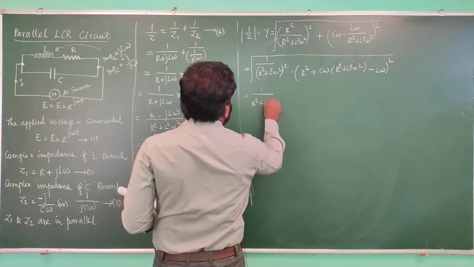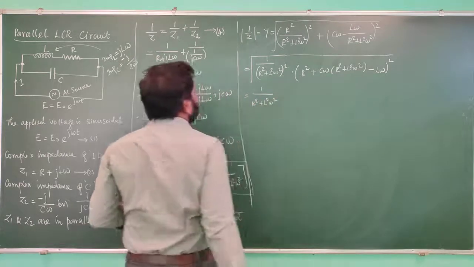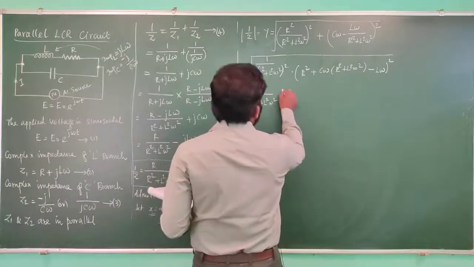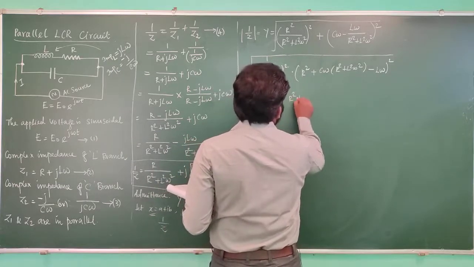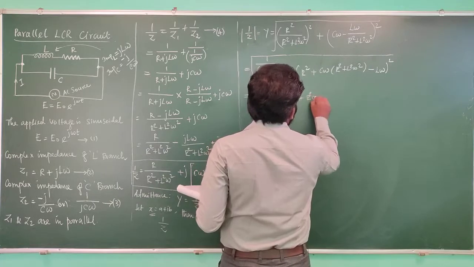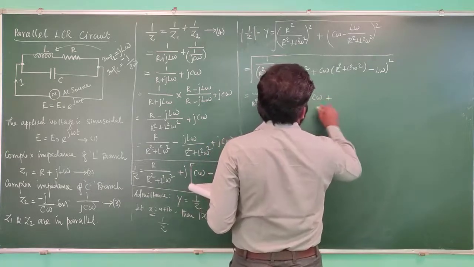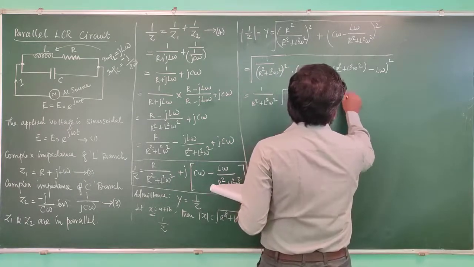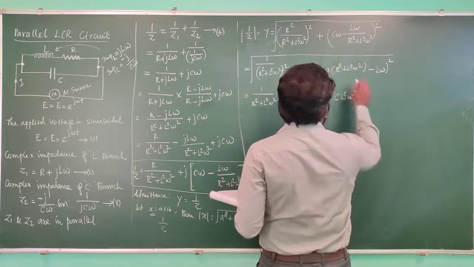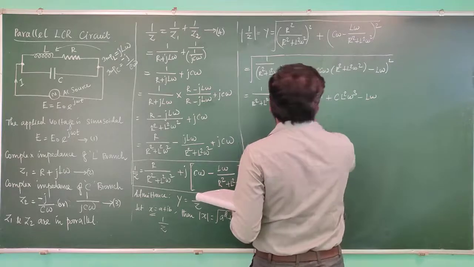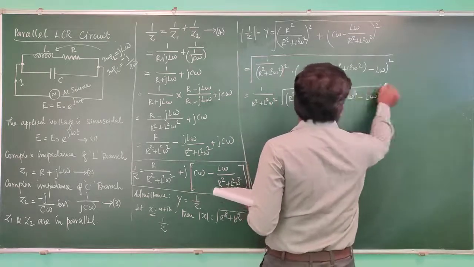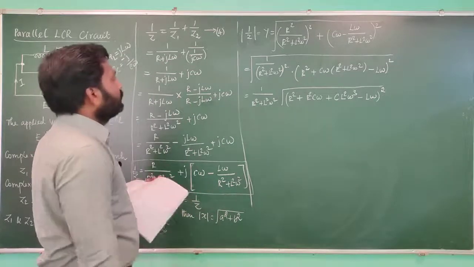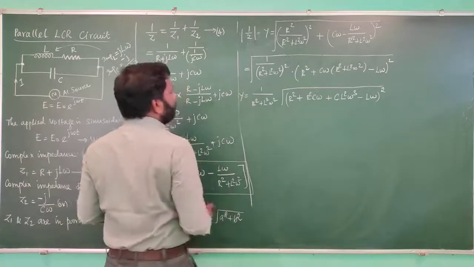R square plus L square omega square now comes out from the square root, and the remaining will be this R square plus R square C omega plus C L square omega cube, there is an omega here, omega cube, minus L omega, the whole square. So this is nothing but the admittance.